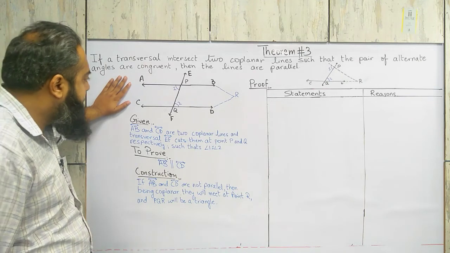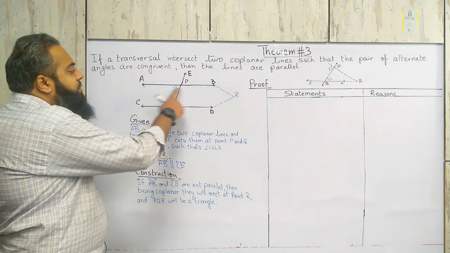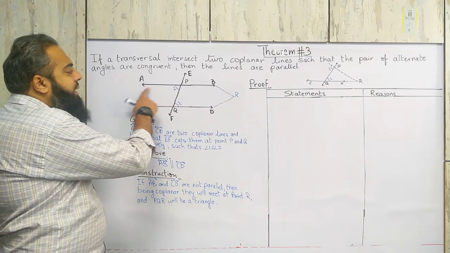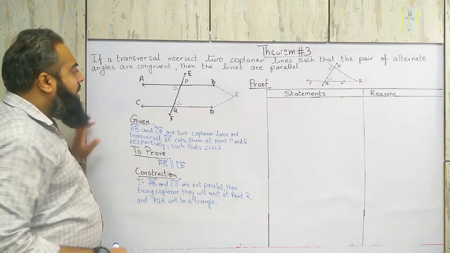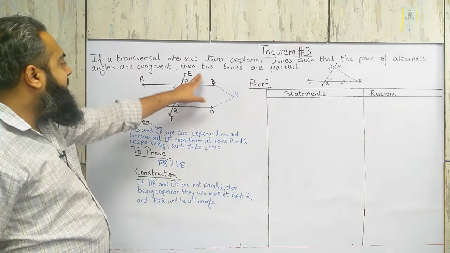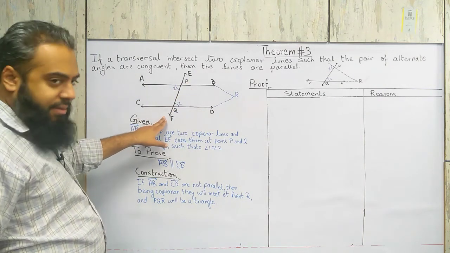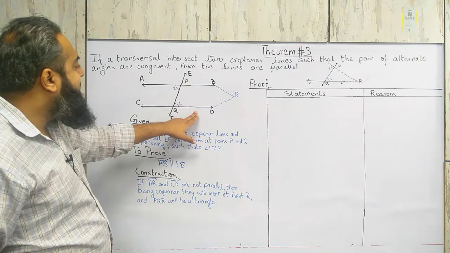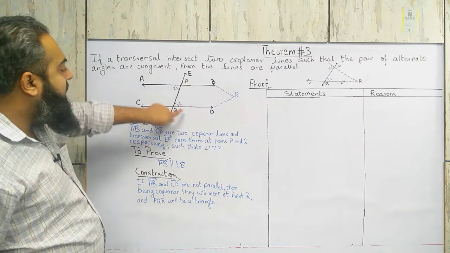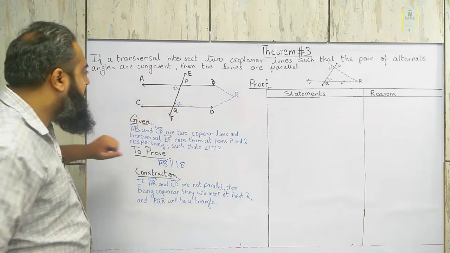Now let's see. I have two lines, line AB and line CD, and a transversal, that is EF, which cuts AB and CD at points P and Q respectively.